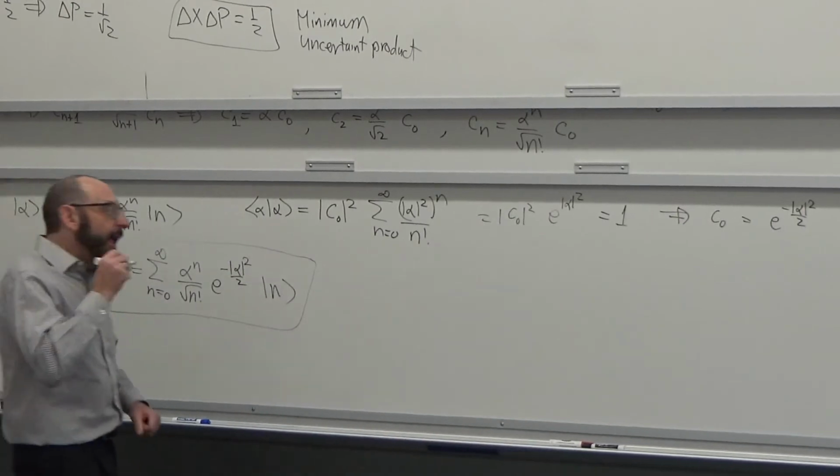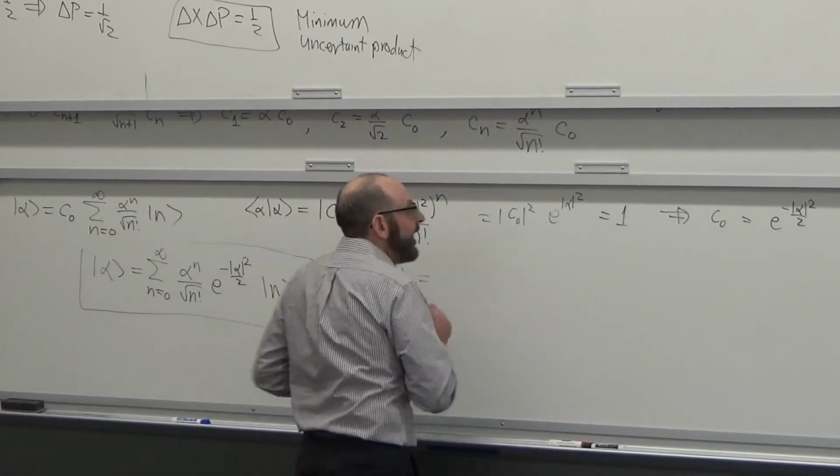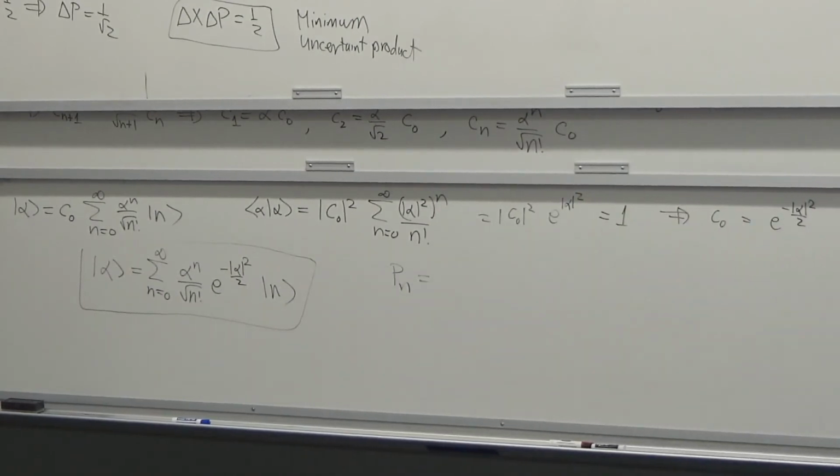So, with that, what is the probability of finding n photons in the mode given a coherent state?